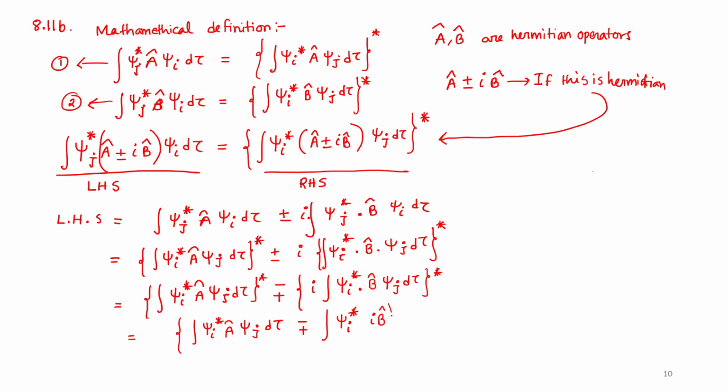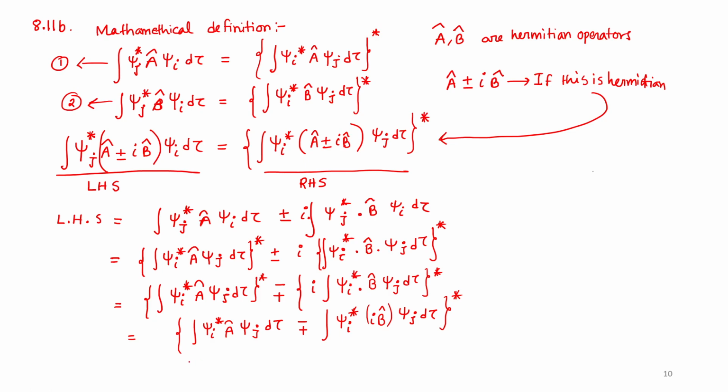Again I can write it like earlier I took i outside of that and now again I am taking it inside with minus i j d tau, and then again I'm closing the second bracket and taking a complex conjugate of all.